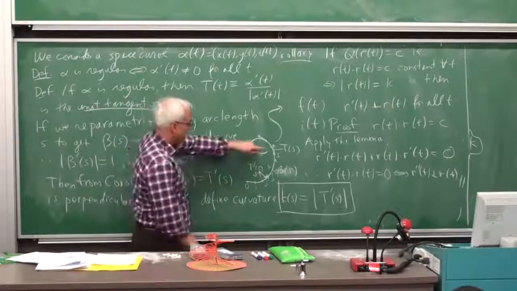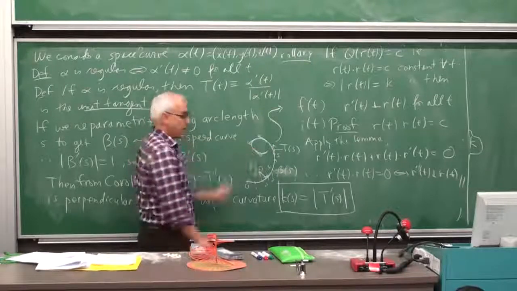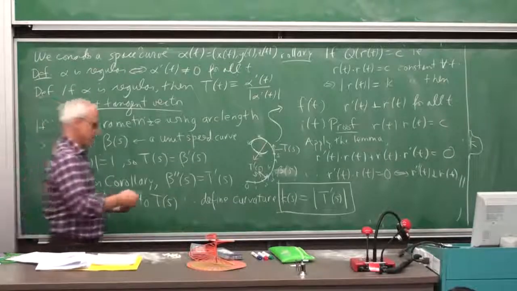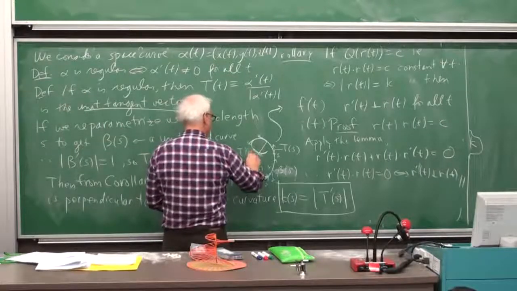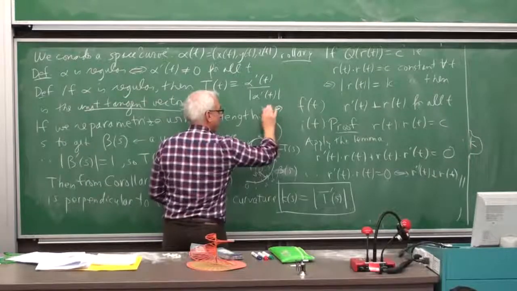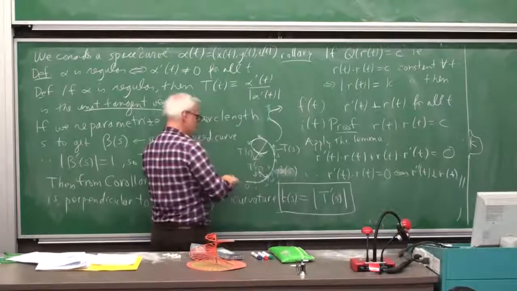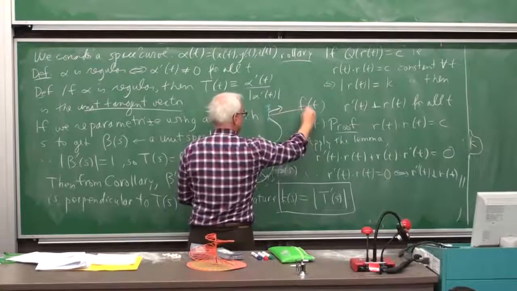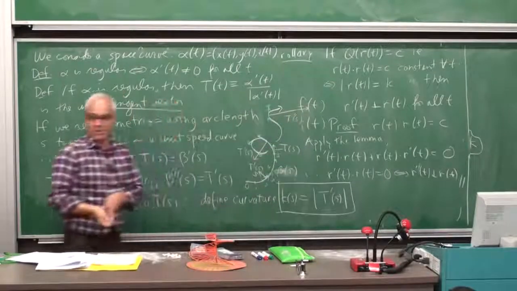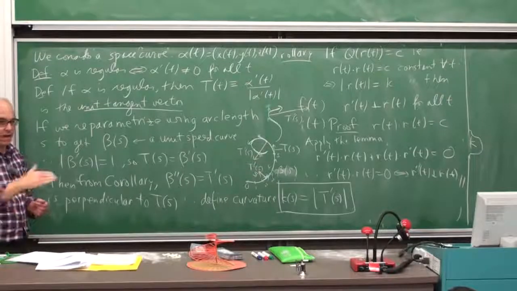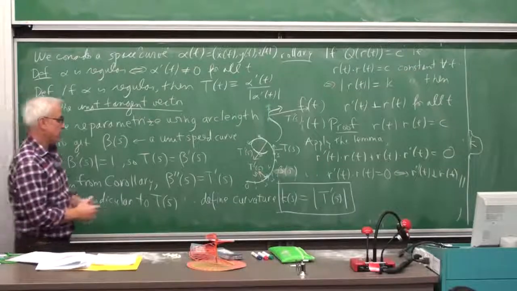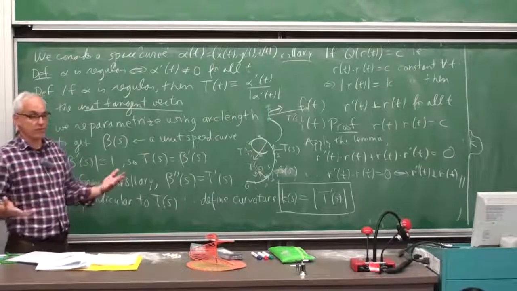So here, for example, the curve is curving more, so we're going to expect a bigger derivative, T prime of S. Over here somewhere, we still have these unit tangent vectors. Here there might be quite a big T prime of S. It's just the acceleration of the curve, and the size of that acceleration is the curvature.